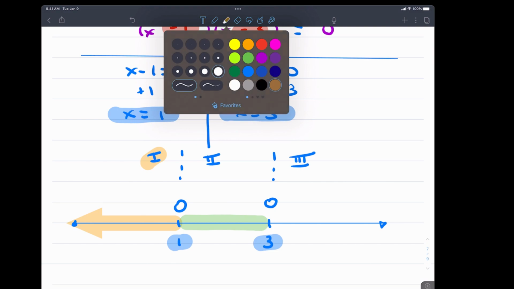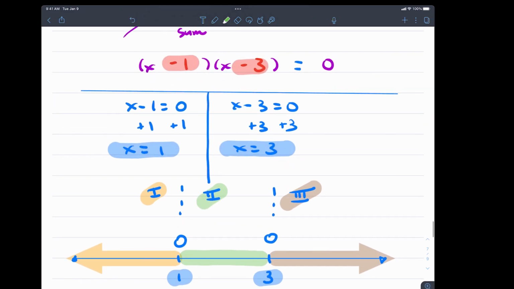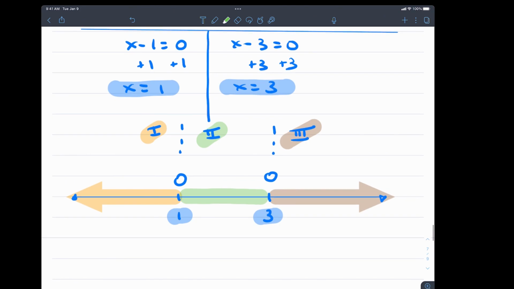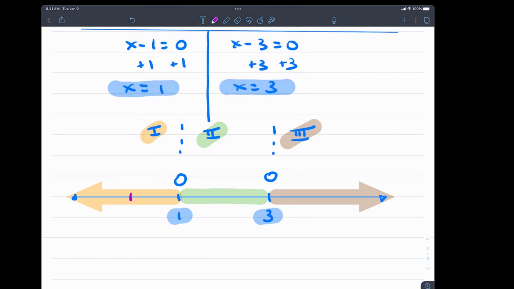Region 2. It's region 3. Okay, don't we need, what comes next? You guys remember what comes next? What do we call this? I use purple for it. Test points, good.